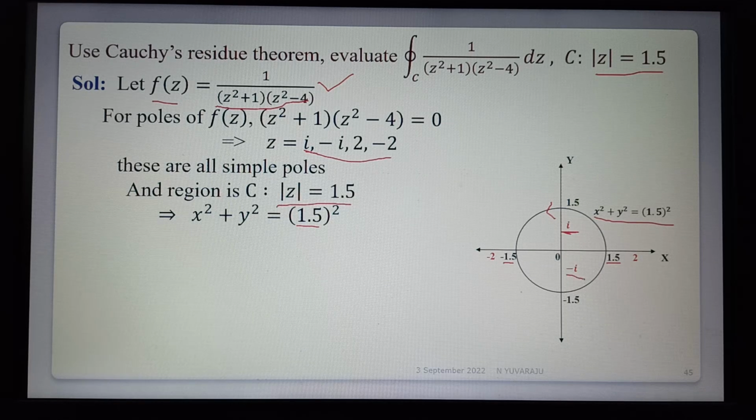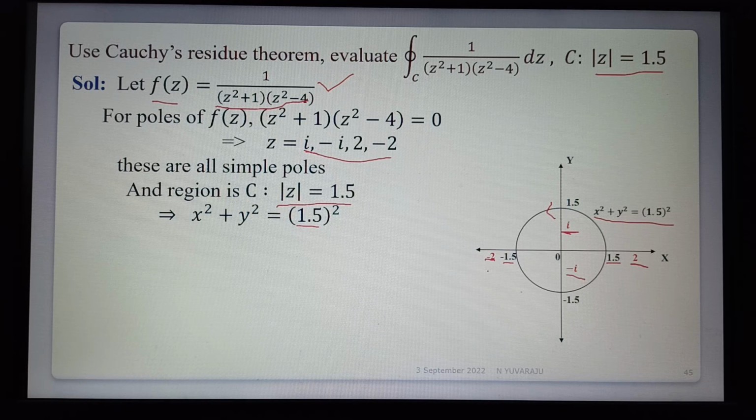Next, 2. 2 is a real number on the x-axis. Next, minus 2. So observe here: only I and minus I are inside, and 2 and minus 2 are both outside.